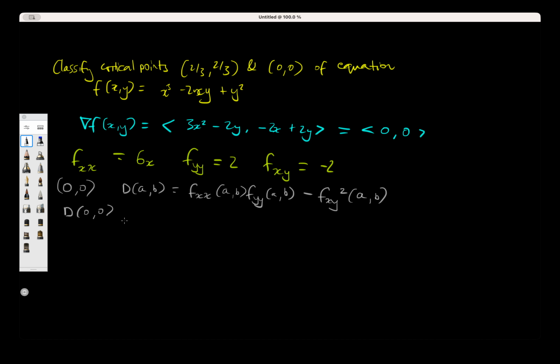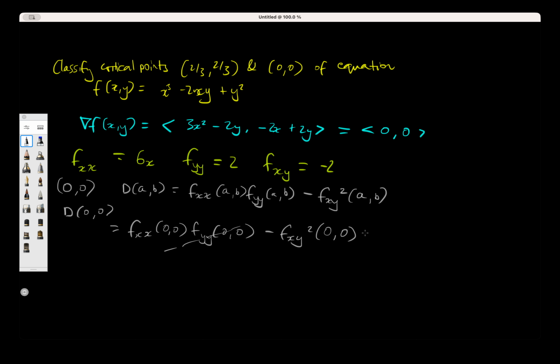So at 0, 0, the discriminant equals f x x at 0, 0 times f y y at 0, 0, minus f x y squared at 0, 0. Let's just quickly compute this. f x x is just 6x, so that's 0. And then we have f x y is minus 2, squared is 4.